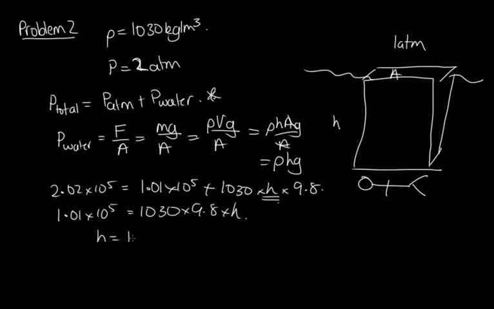So h is equal to 1.01 times 10 to the 5 over 1030 times 9.80. And solving that on the calculator, we end up with 10.0 meters. So he needs to be exactly 10 meters under the water to experience double atmospheric pressure.